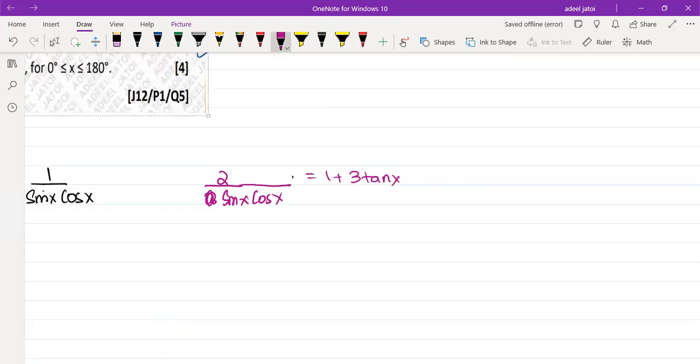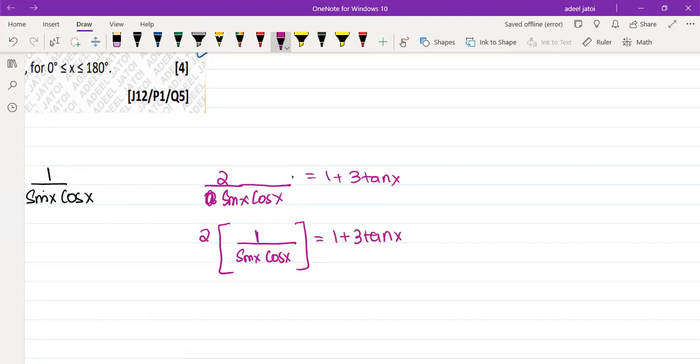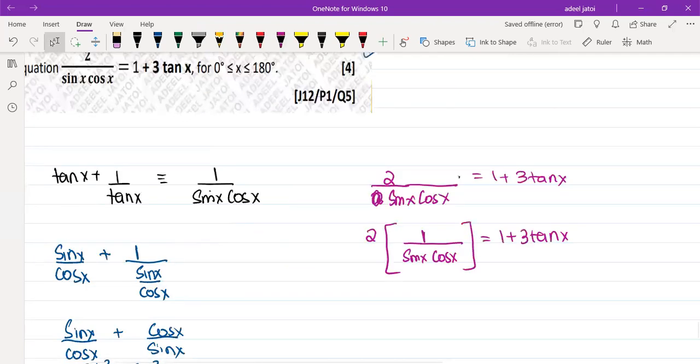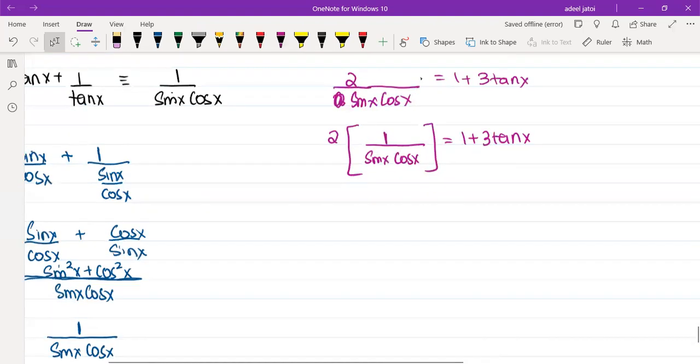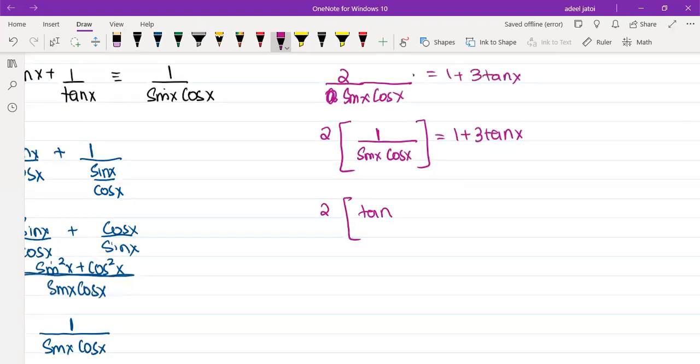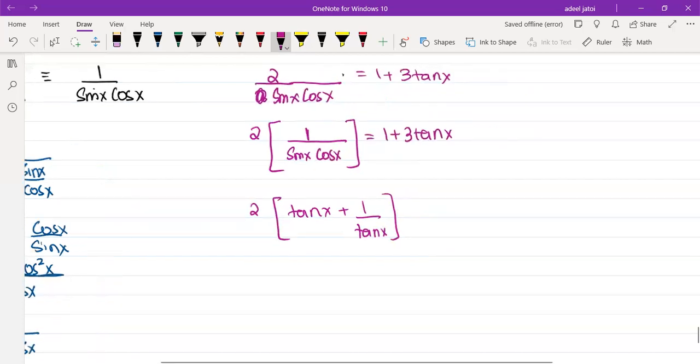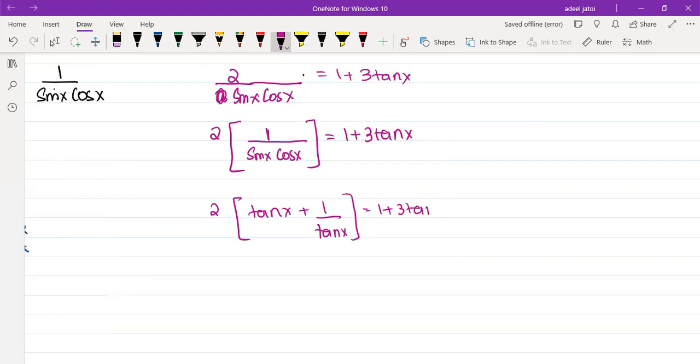We can take 2 separately, and this will be 1 upon sin x cos x is equal to 1 plus 3 tan x. 1 upon sin x cos x can be written as 2 times tan x plus 1 upon tan x is equal to 1 plus 3 tan x.